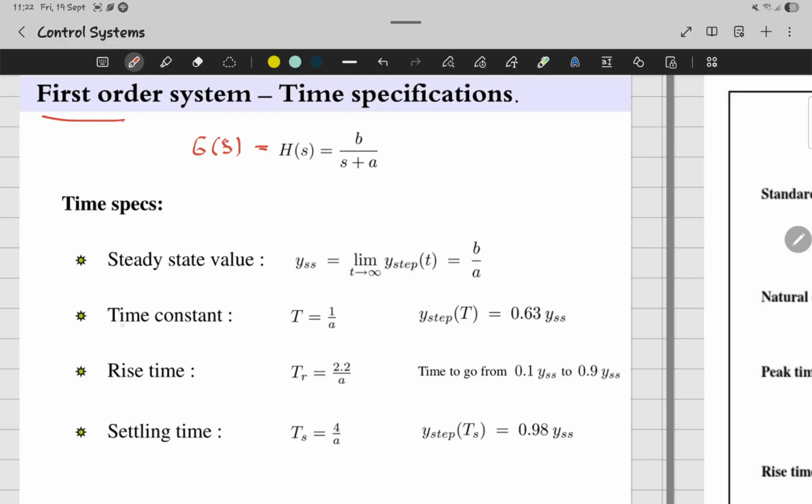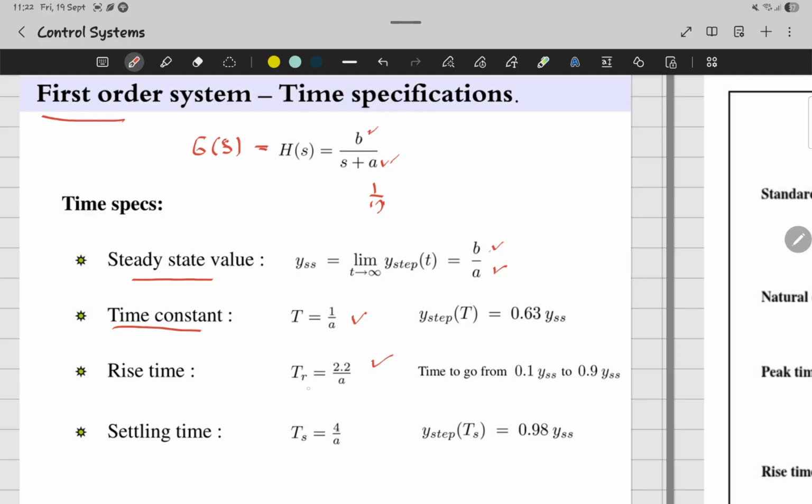We have the formula that we can use to calculate the steady state value. It's going to be B over A, times 1 over A. So you can see we have A there.